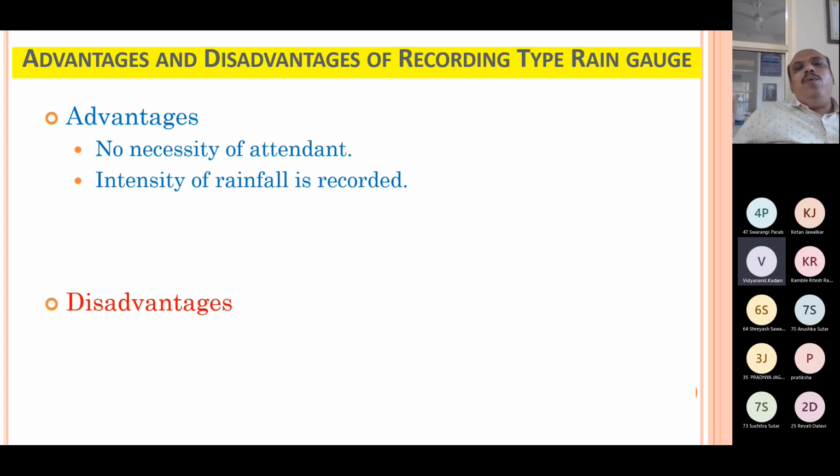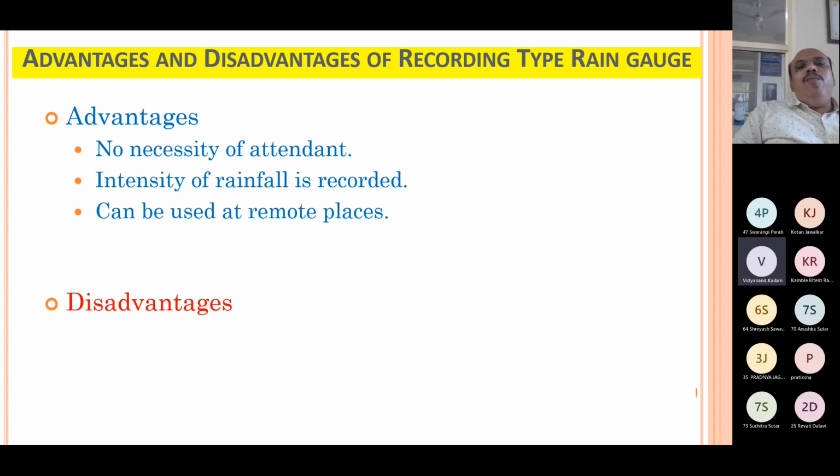That can be worked out with reference to the intensity of rainfall and the time of concentration. It is the time required for the runoff in a stream to reach a particular point or the outlet of the basin. That is the importance of intensity of rainfall.